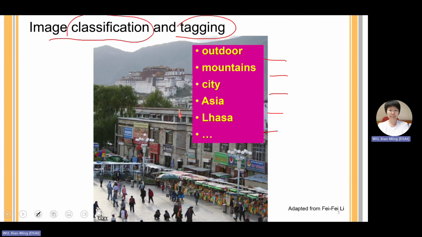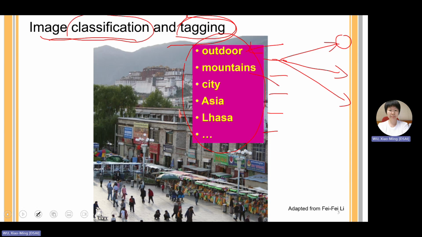Regarding image classification, in standard image classification, one image corresponds to one category. But in multi-label image classification, one image can be assigned to multiple classes. For example, in image tagging, you can assign multiple labels to one image.